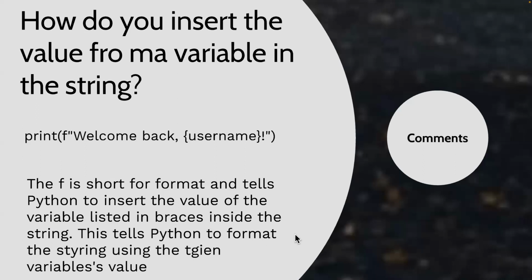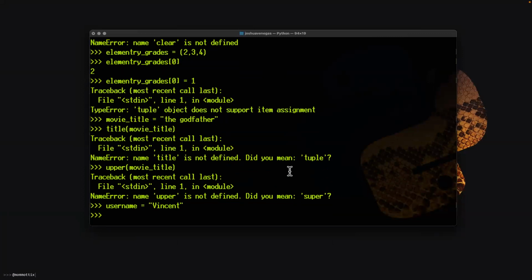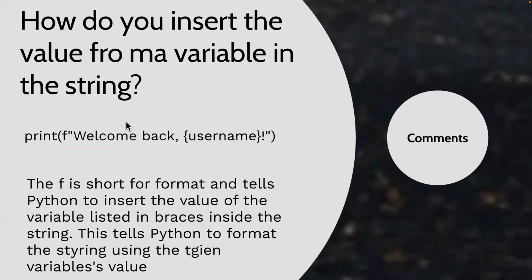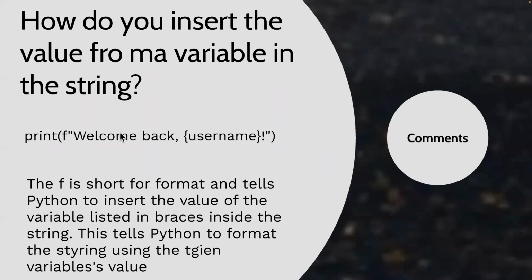Okay, so let's go ahead and do this. I'm going to create a variable called username. Username equals Vincent. Okay. And so I'm going to print this here with that variable, like this F string, just like it is here. So let's go ahead and say print. And then in here, before we start our quotations, we say F. Okay, just like we have it here. F, then the quotations.